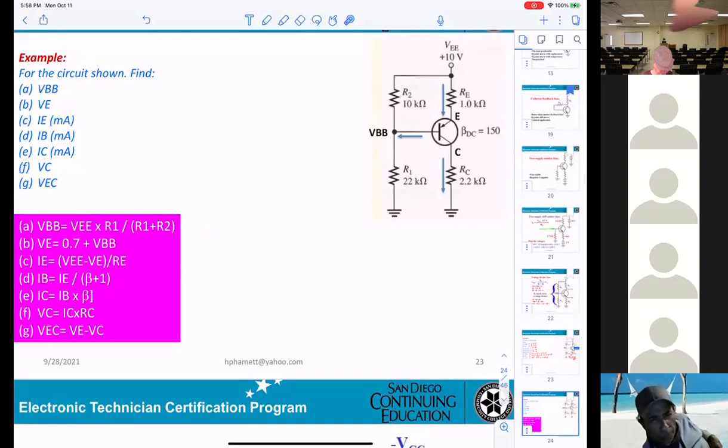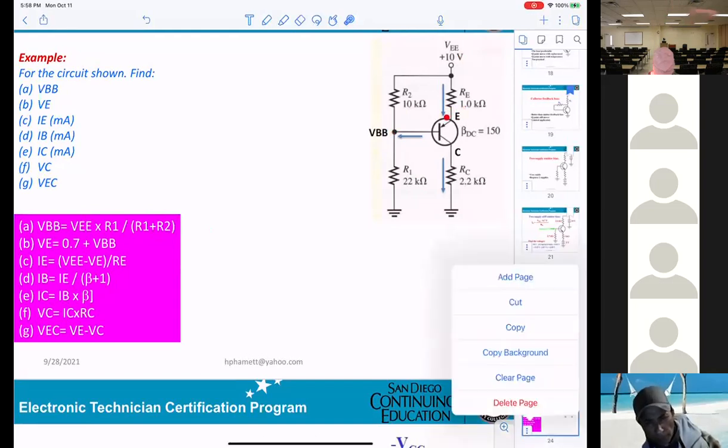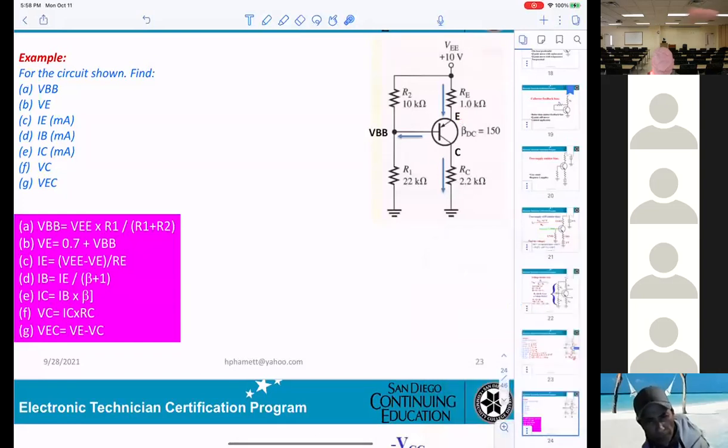Okay, and now after you get the voltage here, they want to calculate the VE right here. VE here means you measure from E to the root.